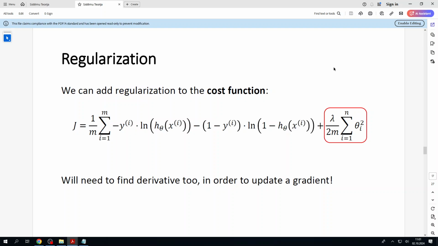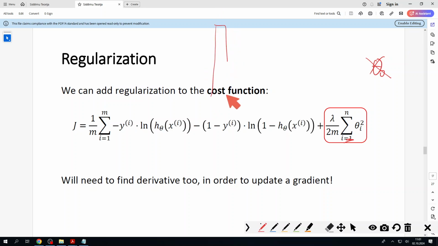So what is important to note here is that my numbering for i starts from 1, which means theta 0 is not included in this sum, yes, it doesn't participate. Because theta 0 is responsible for bias, this column of 1s we are adding to our data set at the beginning.